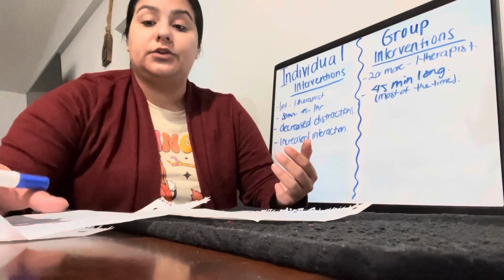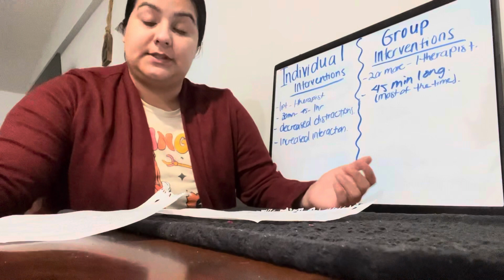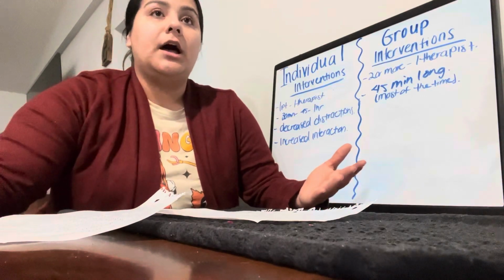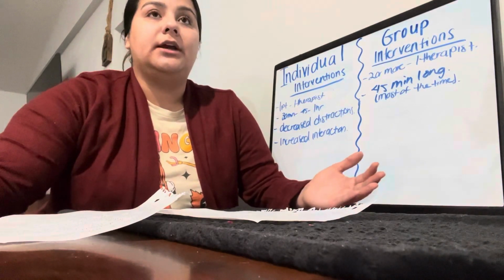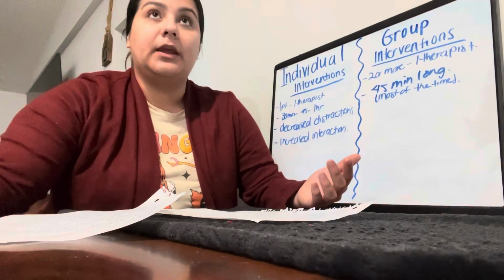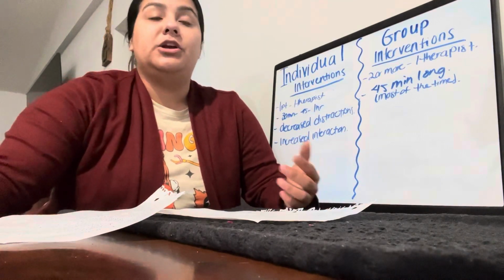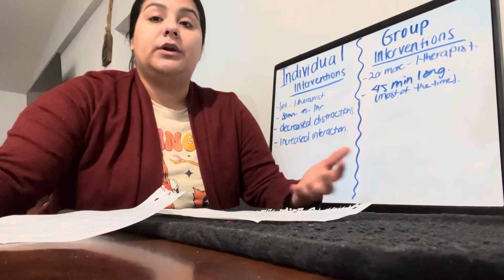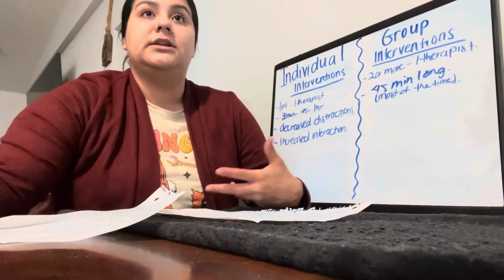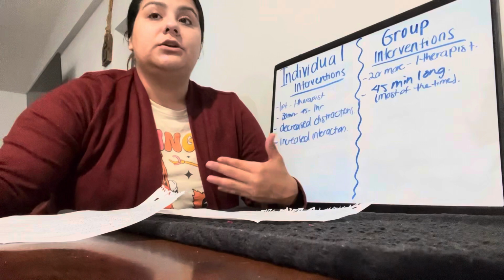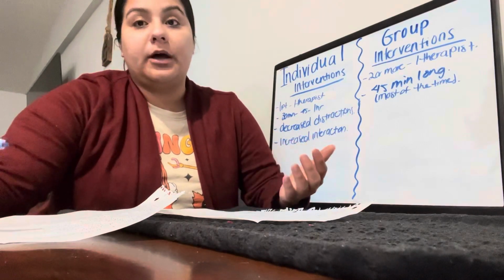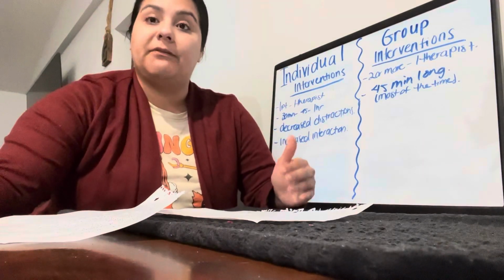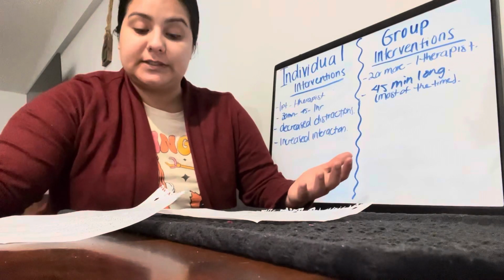So for adults as well, an example is in a skilled nursing facility. If you do a group training or something, it could be a new patient that was just admitted. They don't know anybody. They want to engage in this group therapy session, and then they can meet new people, learn to communicate with these people, increase their social skills within their new environment. So that's one of the benefits to it.